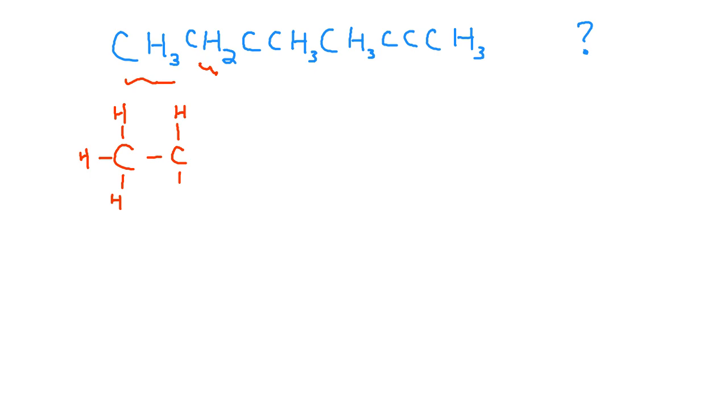So far, so good. Now here's a C. Now I have a CH3 and a CH3. So CH3, methyl, and a methyl there. Okay. Now what do we have? We have a C. Then we've got another C. Then we've got a CH3.